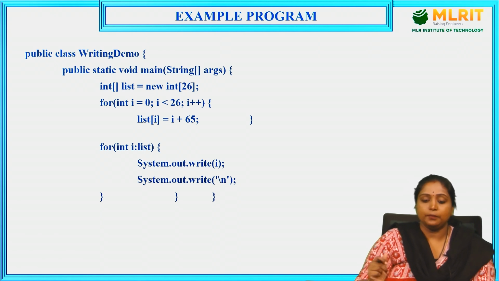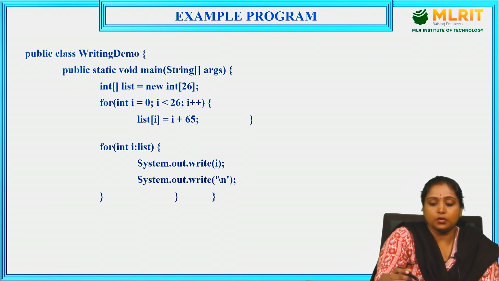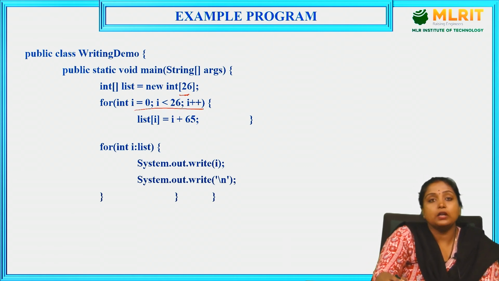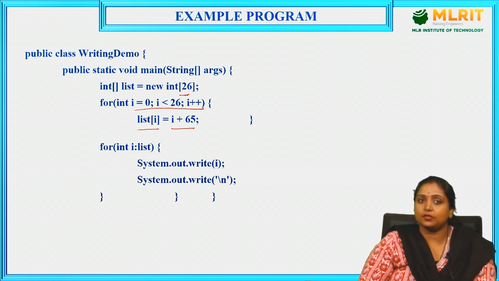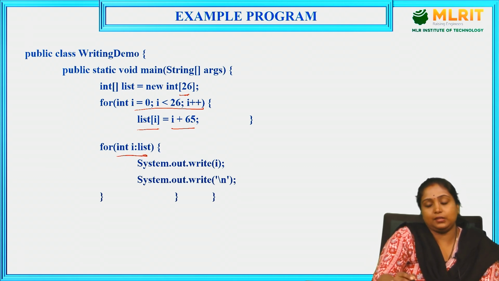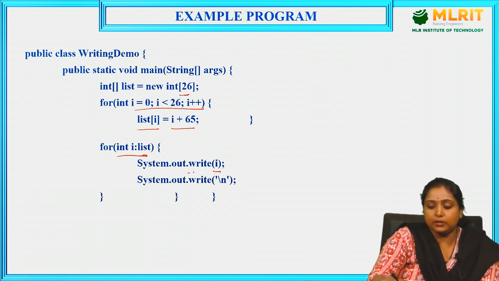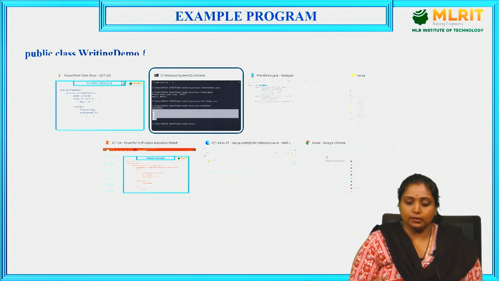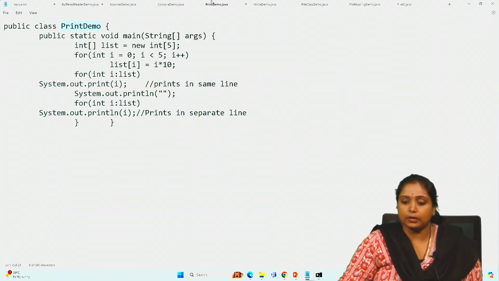I am taking a list of integers and my size is 26. So i goes from 0 to 26. I want to put list of i equal to i plus 65, so 0 plus 65 is 65. Whenever I write an i value, I write it with a new line. I am using write of i and write of new line.